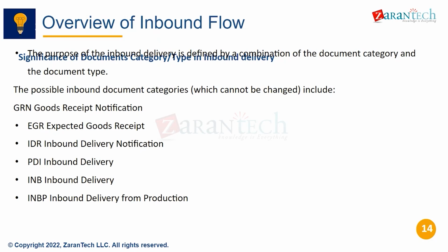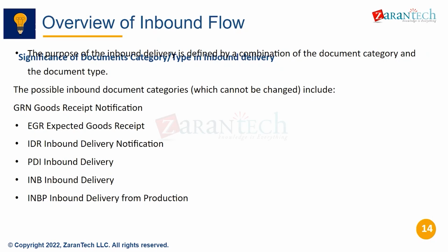So in that case, the expected goods receipt will be created for the process order, which is going to produce your finished good in the production plant. So the process order will be created in the ERP system, and the expected goods receipt also will be created in your ERP system based on your process order.